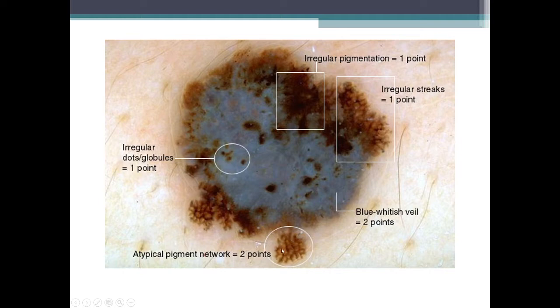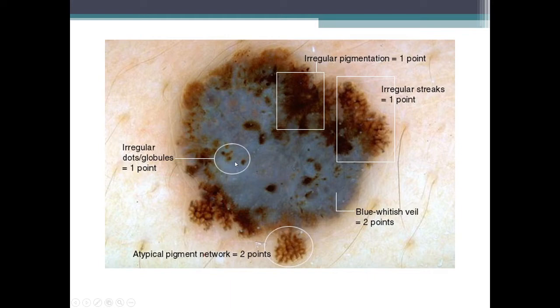Sometimes the streaks are called network. But you see the network is just here, here. It's not symmetrical. Streaks also not symmetrical. The pigmentation is normal, but should be homogeneous all over the lesion.